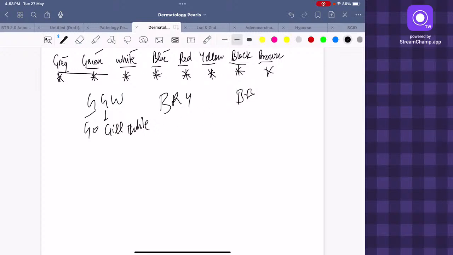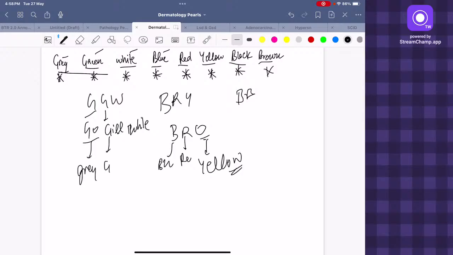BRY can be remembered as bro because it has blue, red, yellow. Go is gray, girl is green, and white is white, and BB is black, brown.